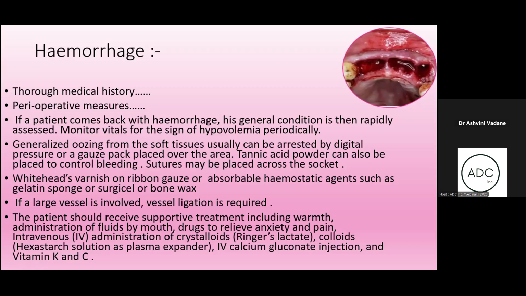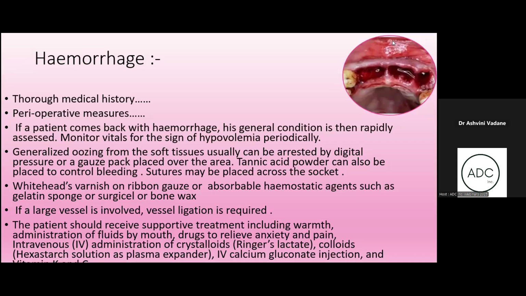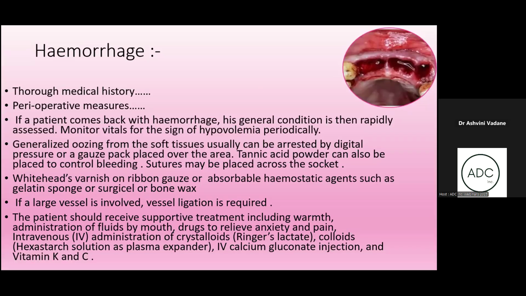If tannic acid powder is available in your clinic, you can also use that to control the bleeding, followed by the sutures. As I told, suturing is the thing that you have to master to improve your surgical work.